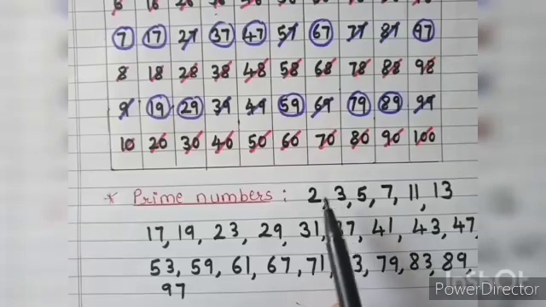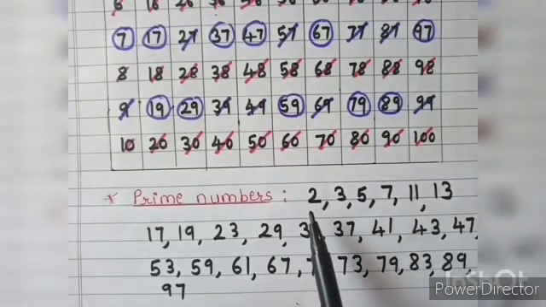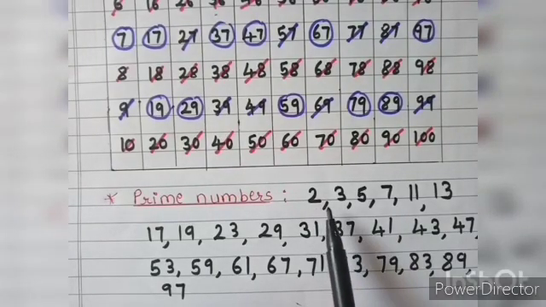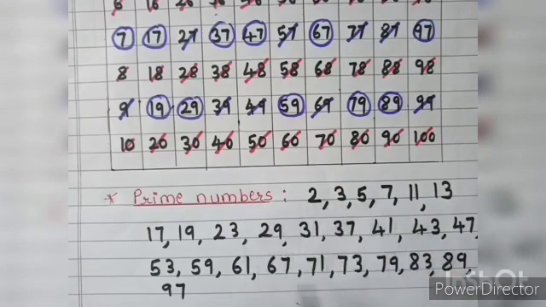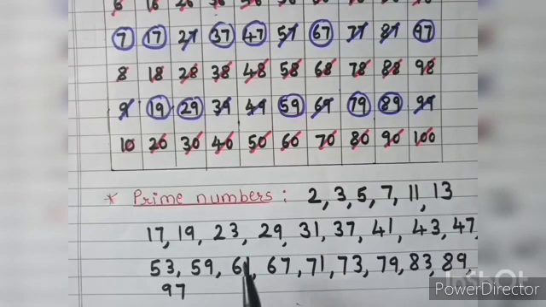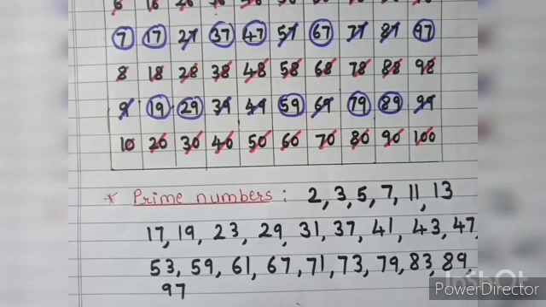Write down all prime numbers between 1 and 100. So these are all prime numbers between 1 to 100. So students understood how to find out prime numbers by using Eratosthenes method. Do it in your notebook.